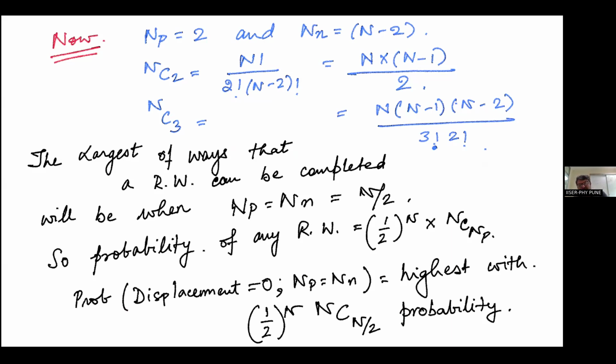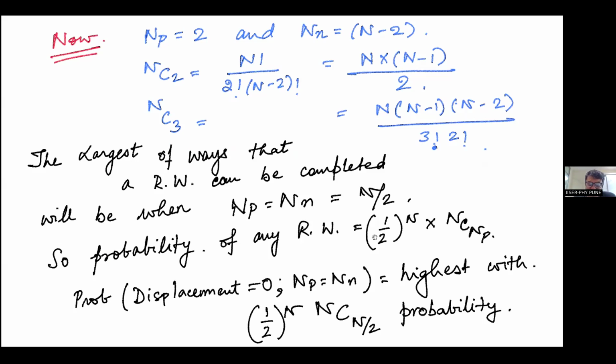But for the same displacement, that is when np equal to nn, you have the largest number of ways you can arrange your positive, negative steps, and each random walk has probability half to the power n, because each step that he is taking either to the right or to the left has probability half, right?